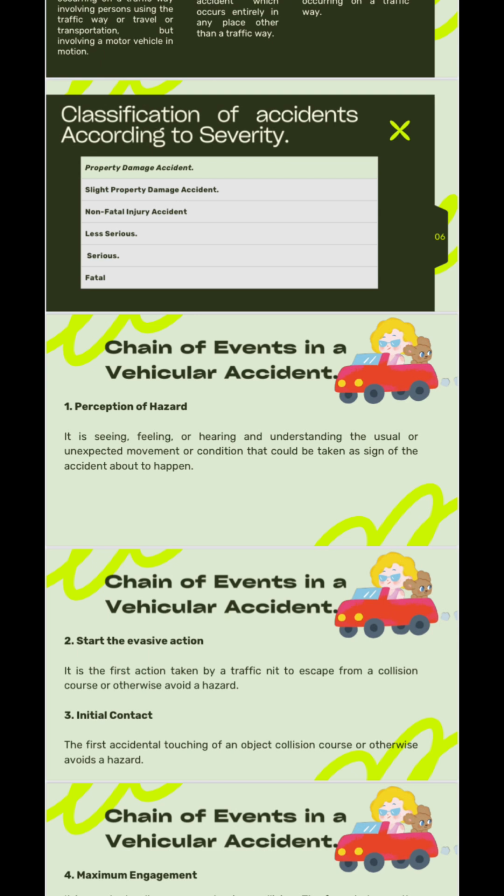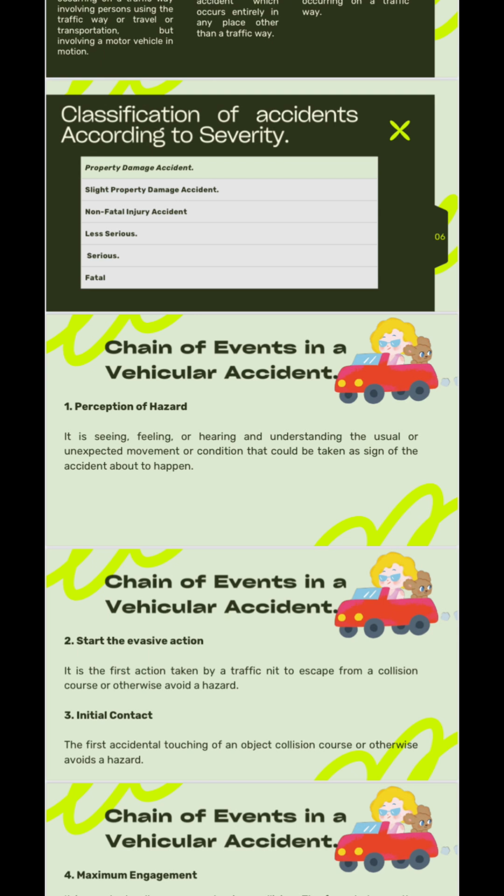Number 3, non-fatal injury accident. This refers to an accident where one or more people are injured. Sa non-fatal injury is may people na ya injured, but the injuries are not life-threatening. Kibali dili siya na makapatay.